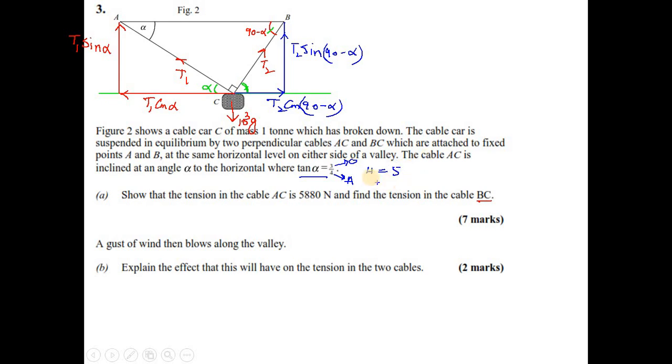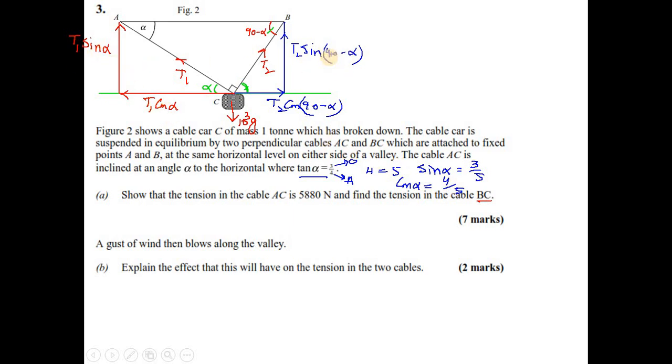That means sine alpha would be equal to 3 upon 5, and cos alpha would be equal to 4 upon 5. These are the values that you are going to use in place of sine alpha and cos alpha.